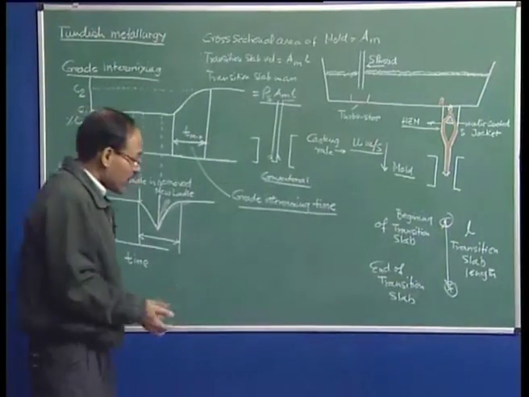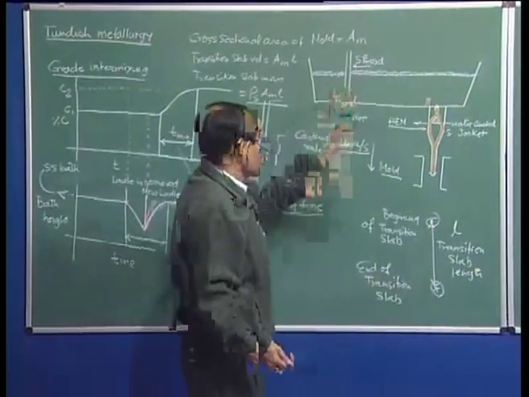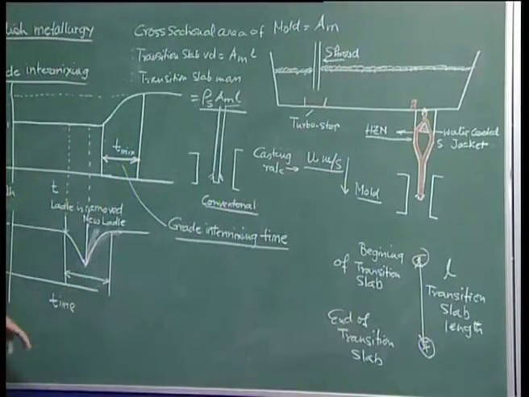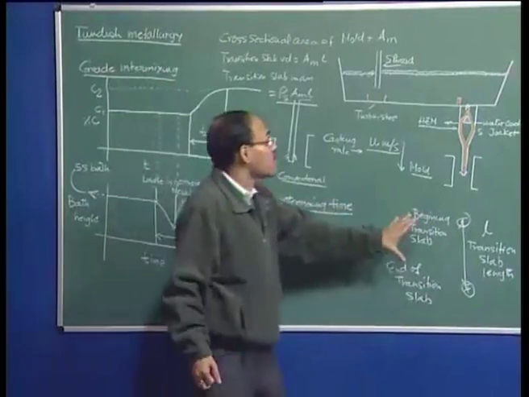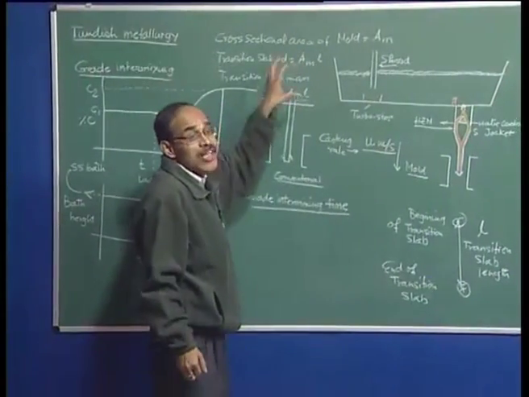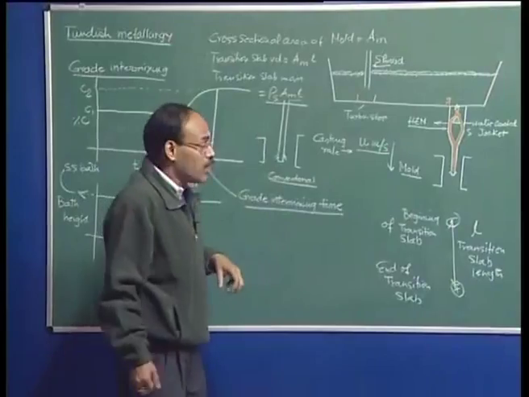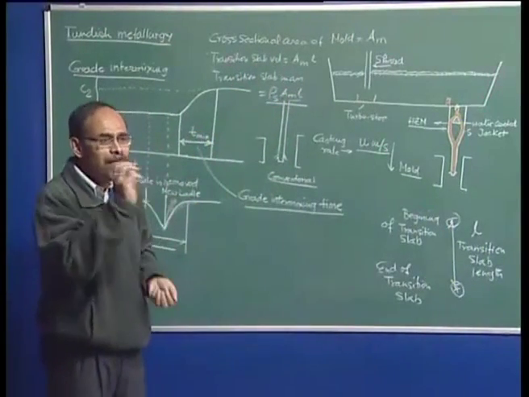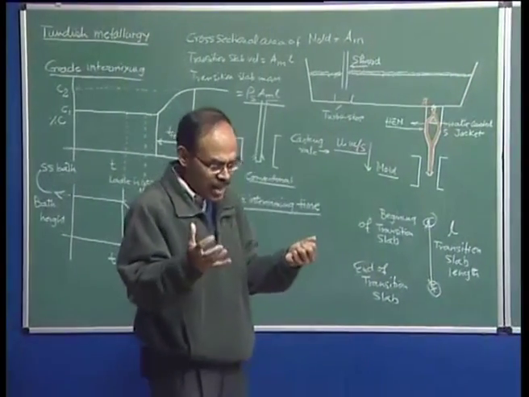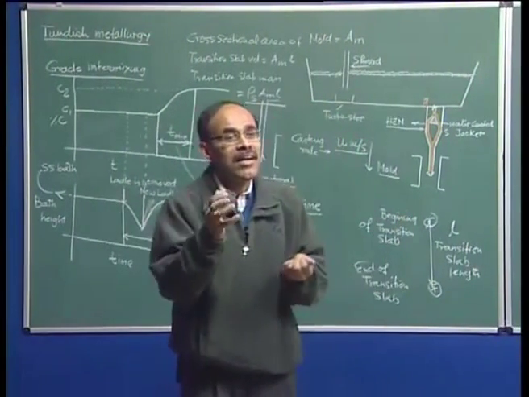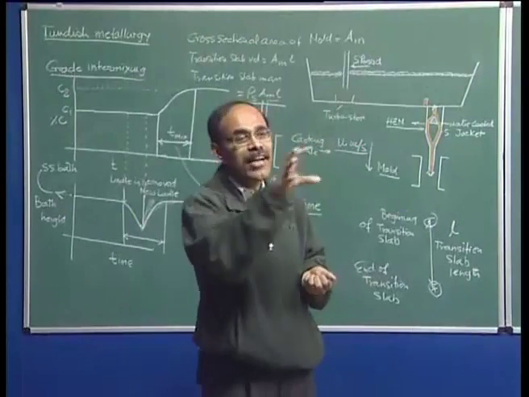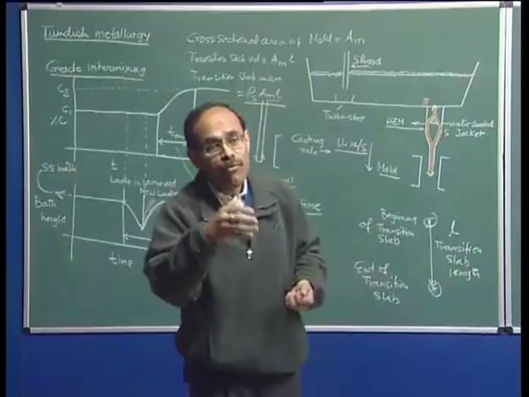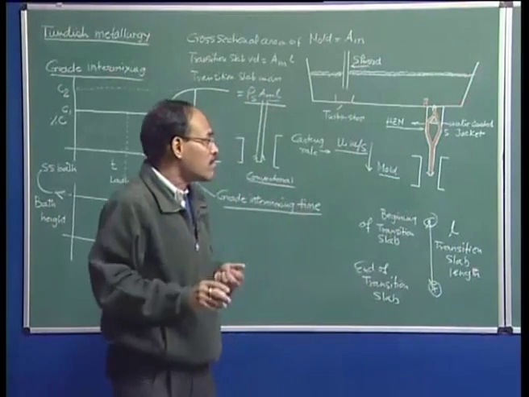So, the objective in the steel industry is to control tundish flow and the casting rate in such a way that the transition slab volume or mass is as low as possible. This is particularly relevant for an alloy steel plant, where you may cast only 2 heats of a given grade, such as ball bearing steel, the next 2 heats free cutting steel, and the following 2 some other kinds of steel.